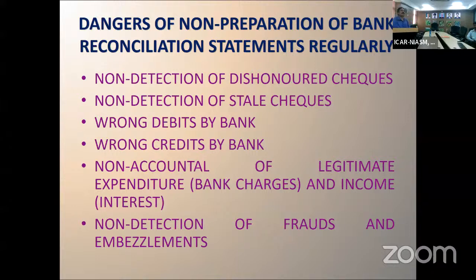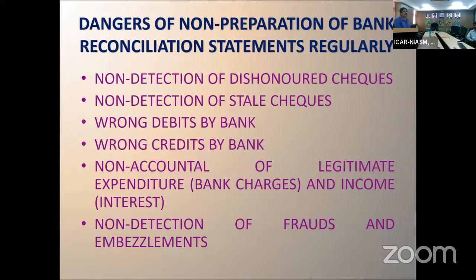Then wrong debit: a bank might have debited a certain amount. If you do not prepare BRS, we will not be in a position to detect the various debit entries made by the bank. If we prepare the BRS, we can know the debit entries and see what each entry is. If we are convinced, we will take this entry in our cash book.